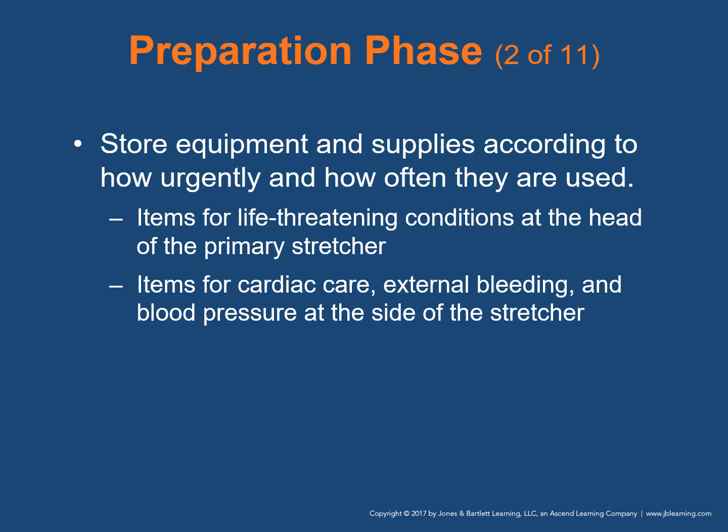Store equipment and supplies in the ambulance according to how urgently and how often they are used. Place items needed for life-threatening conditions within easy reach at the head of the primary stretcher. Place items for cardiac care, external bleeding control, and monitoring blood pressure at the side of the stretcher.